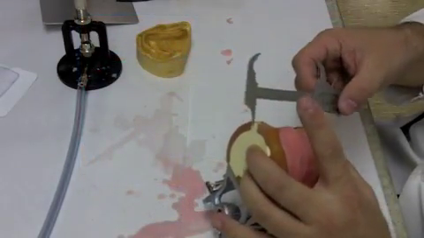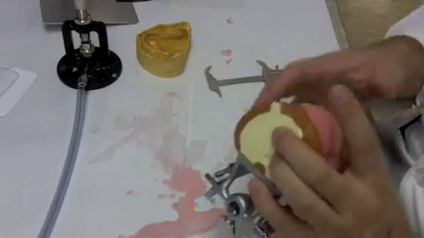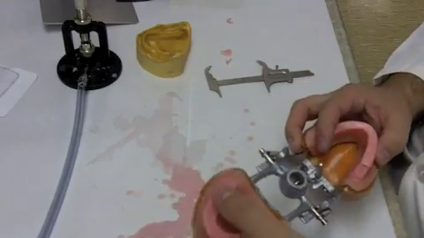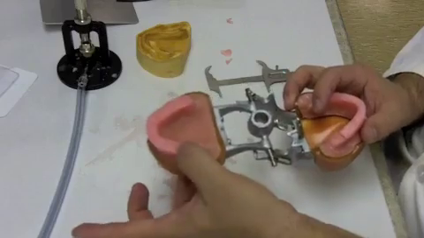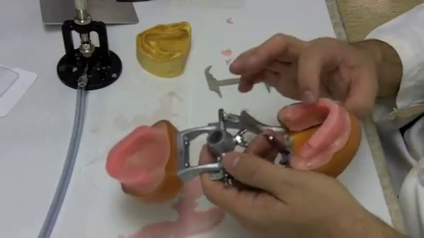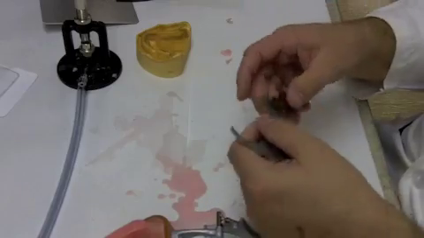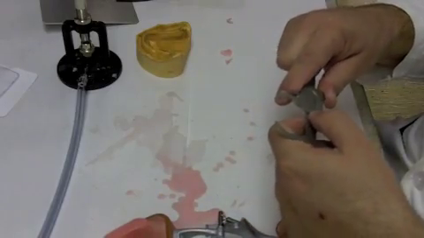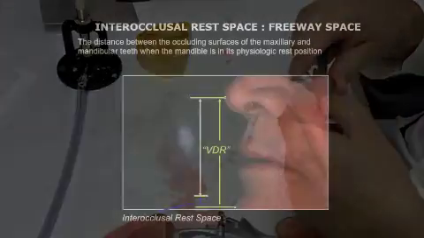Now again, we're a little high right now at this point, and you can heat and soften the wax and close it down to establish the vertical dimension of occlusion that you want. That's one way of doing it.